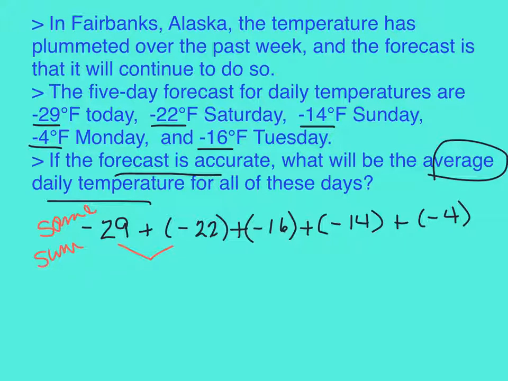So negative 29 plus negative 22, absolute values, I've got 29 plus 22. I can very easily do that in my head. 29, if I take 22 and break it down, I've got 29 plus 20, which is 49, plus 2 more is 51.